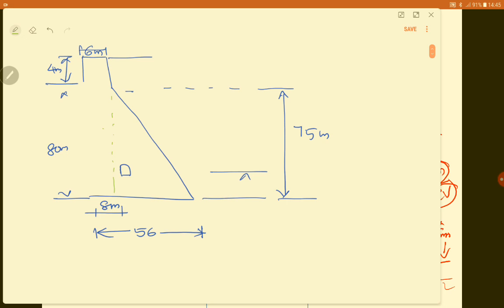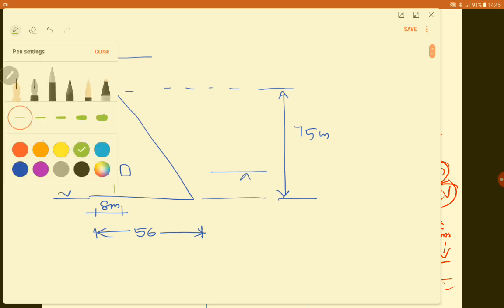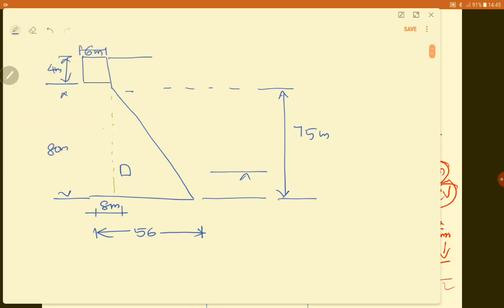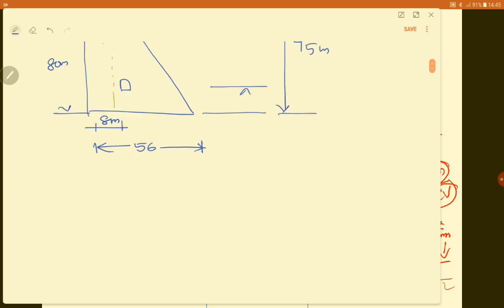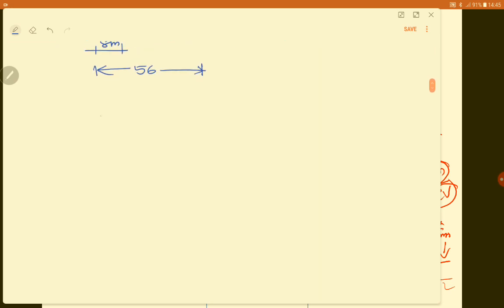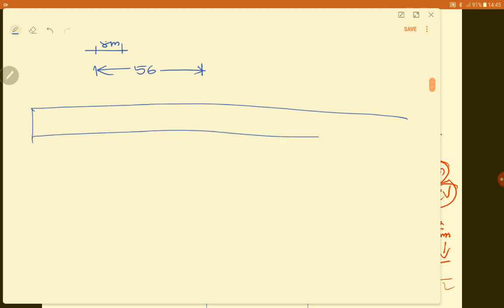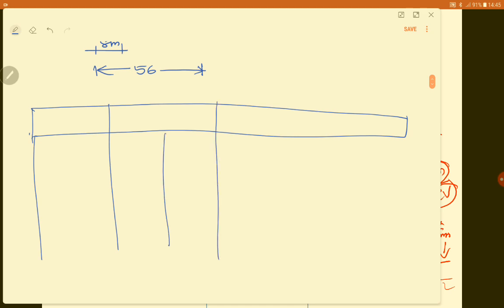First, let's make a column and then find out the various forces that act here. Make a column. I have already given it in the PPT. Just go through to find the various headings that you have to use.